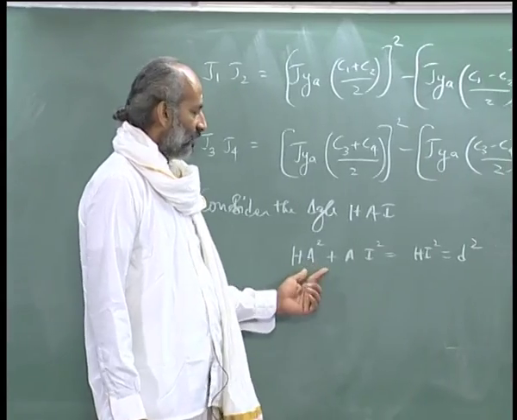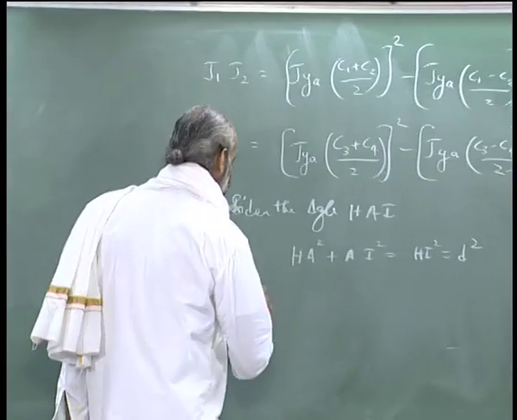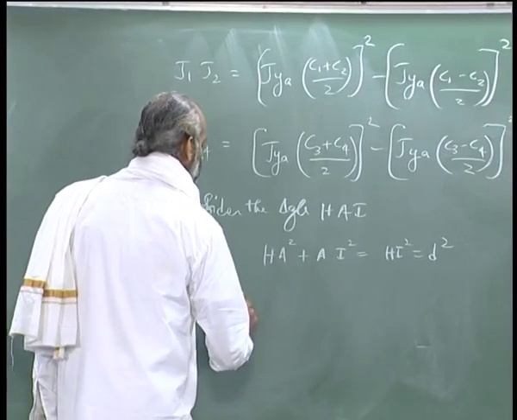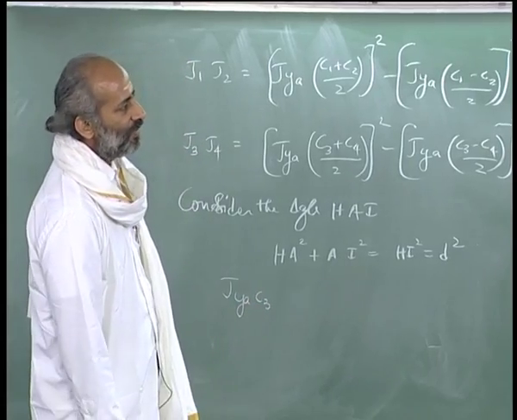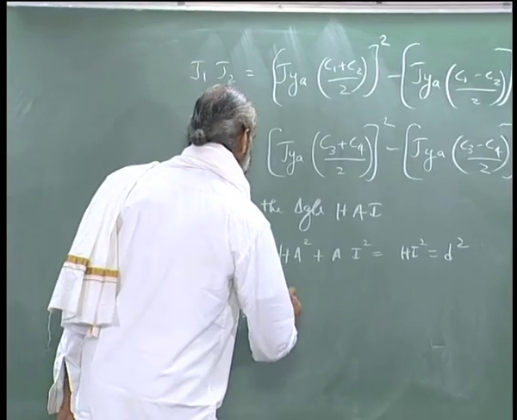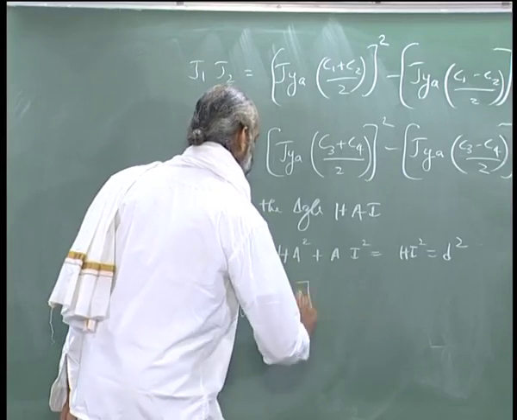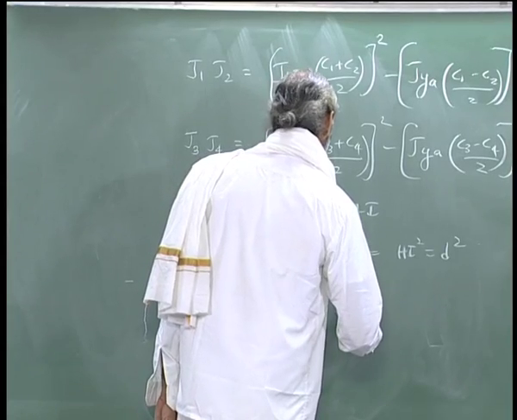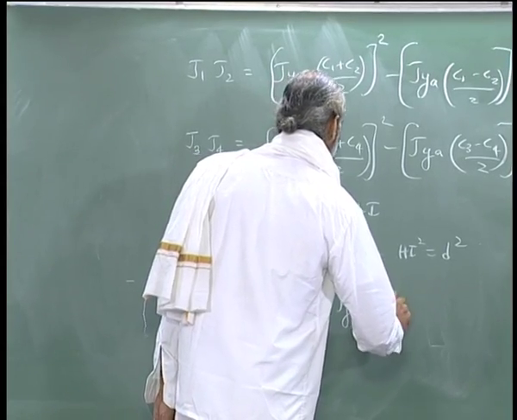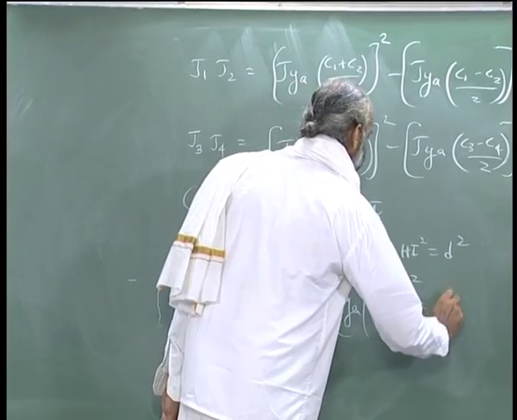So, what are HA and AI? HA can be written as jaw of C3 plus C4 by 2, plus jaw of C1 plus C2 by 2, the whole square, this is equal to D square.